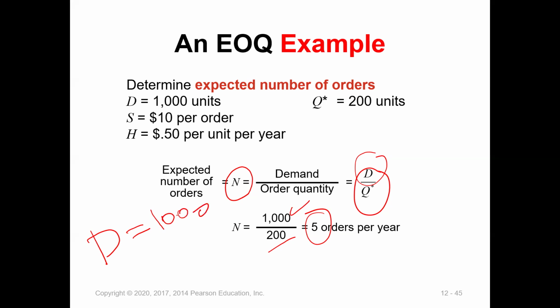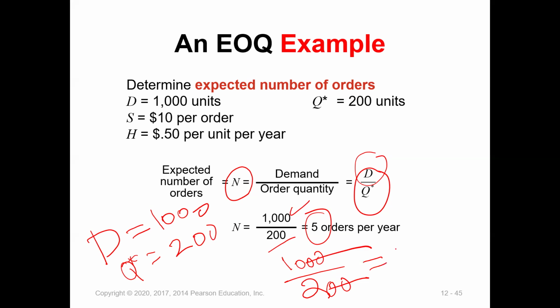And every time you order 200 units, how many times do you need to order every year? It is 1,000 divided by 200. 10 over 2 is 5.